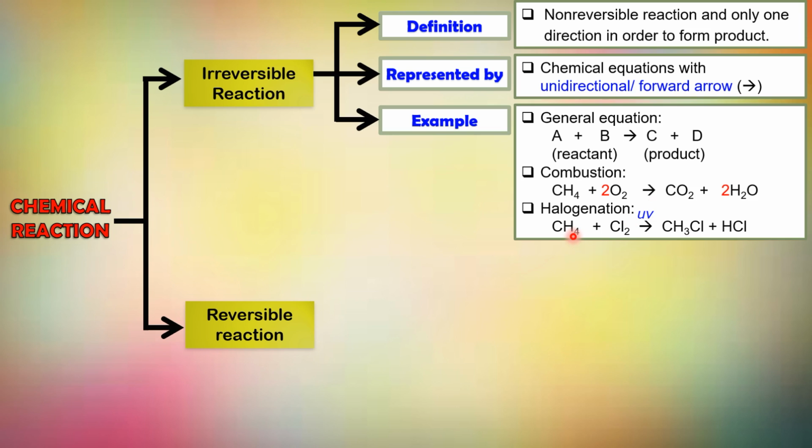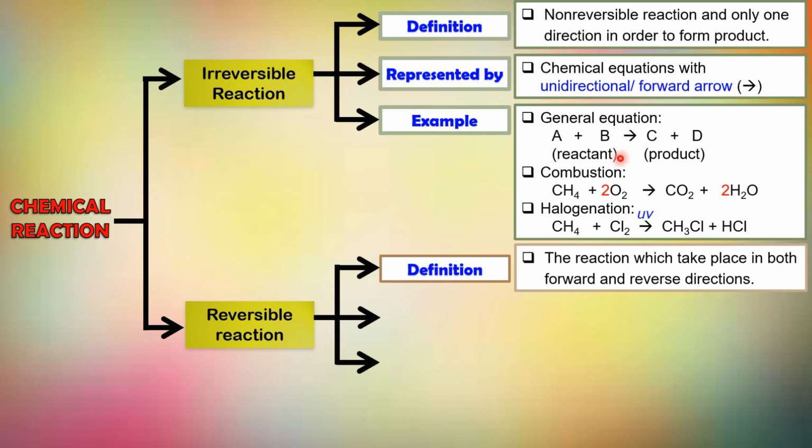One of the hydrogen atoms in CH4 is substituted with a chlorine atom, and it will produce CH3Cl, chloromethane, and hydrogen chloride. For these two equations, it cannot reverse back to the reactant. It is always a forward reaction.